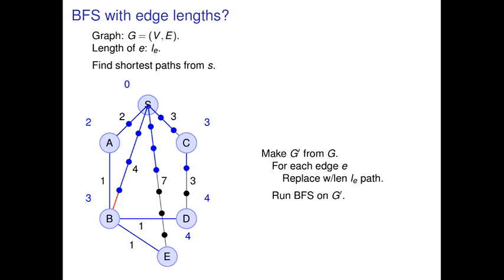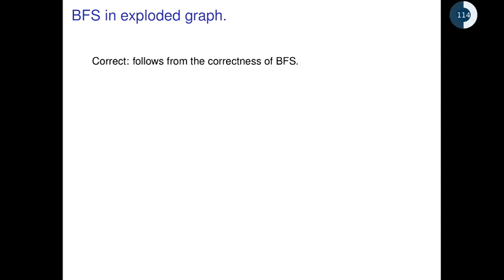And clearly it's correct because now you're still finding the shortest path in this graph, which corresponds to a path in the original graph. They have the same length. Any path between 2 of these nodes, the length of that path includes the length of the weights. So the correctness is trivial because we just did a reduction.